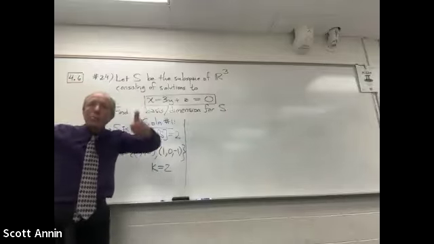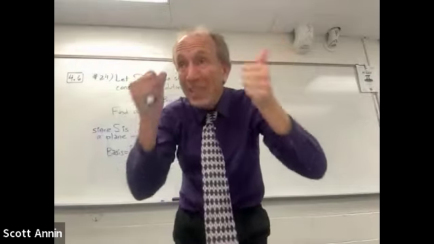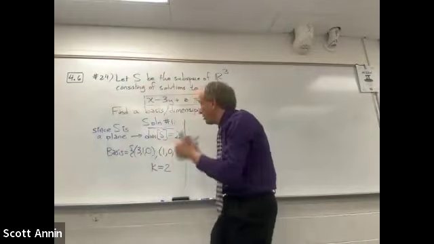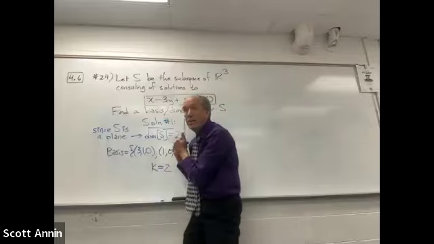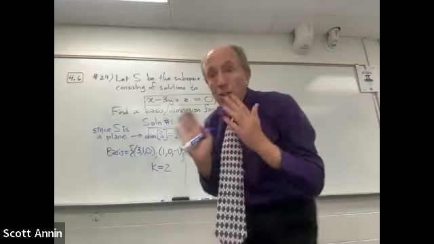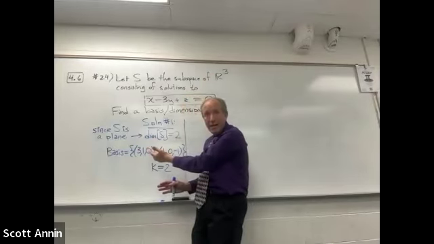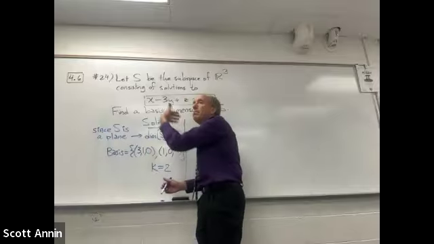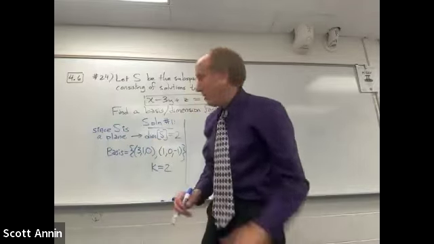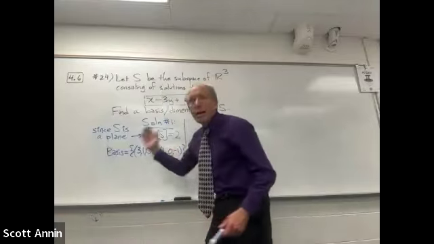And if it's a thumbs up on LI, then guys, it's automatically also thumbs up on spanning of S. It will span S. It's got to be both or neither. I can just look at these 2 vectors and recognize that they are LI, and therefore they must also span the space. So this is one of many correct answers.